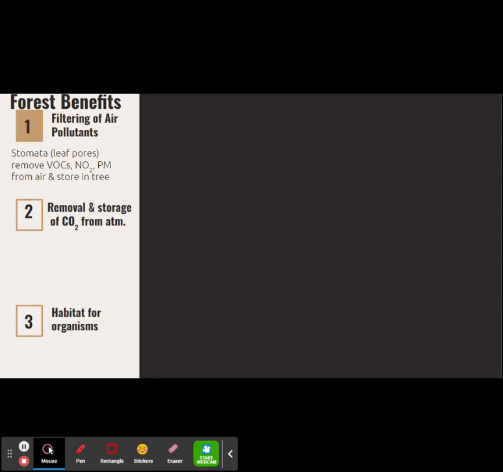The stomata, or the leaf pores of trees and other plants, actually remove many pollutants like volatile organic compounds, nitrogen dioxide, and particulates from the air and either convert them into less harmful compounds or store them in the tree or in the soil.